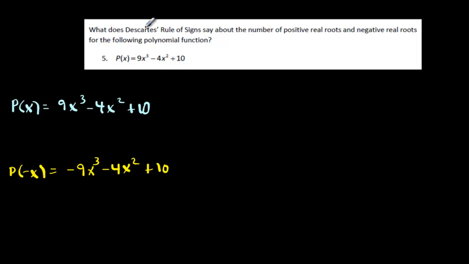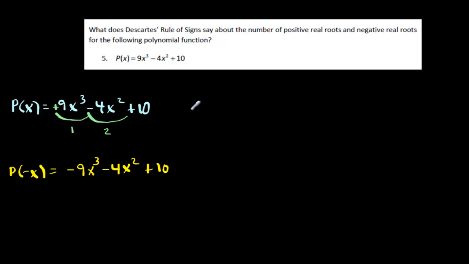So what you do with Descartes' rule of signs is you count the number of times that the signs change. So we have a positive to a negative, that's one sign change. And then negative to a positive, that's two sign changes. So we have two sign changes.